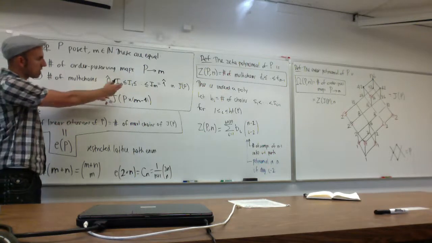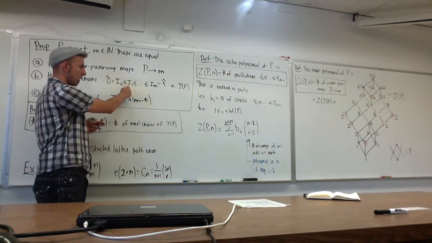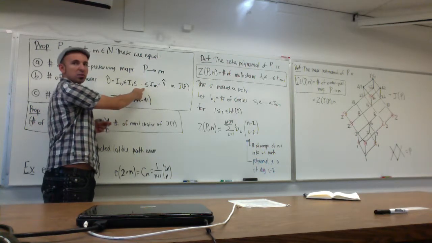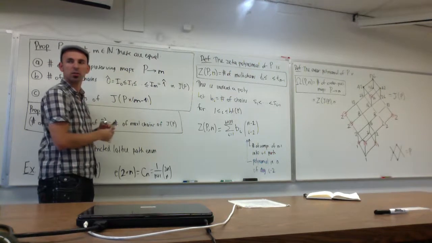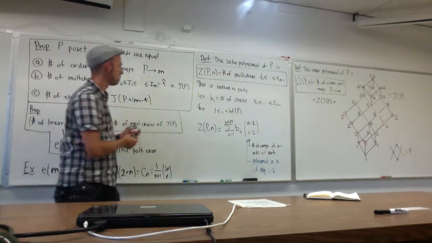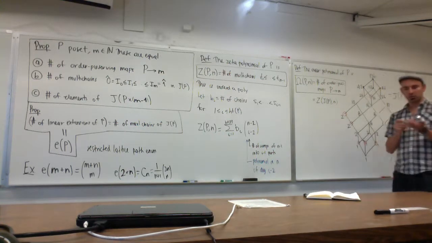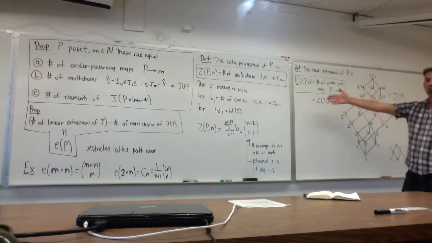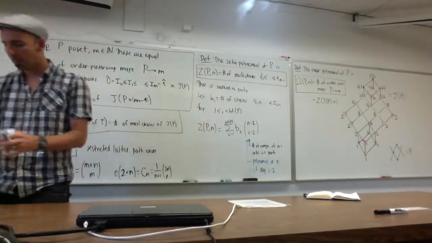And so these are the multichains in J of P, starting at I1 and ending at Im minus 1. The start and the end here are not really important. And because I proved that the zeta polynomial is a polynomial, I get that the order polynomial is also a polynomial.